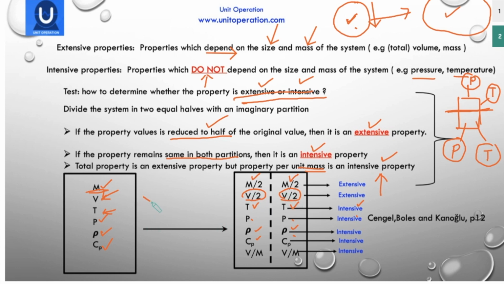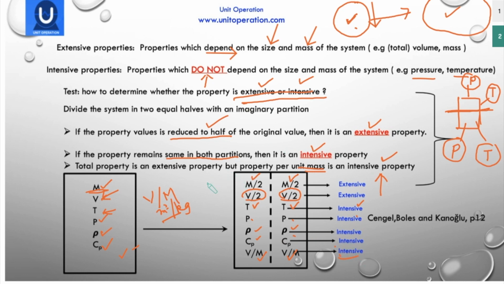But if you divide the volume per mass, that means total volume per unit mass of the system, then of course whatever value is here, it will have the same value here and the same value here. So total volume of air per unit mass, that means meter cube per kilogram, will be the same value here, here and here. So when you divide that, it becomes an intensive property.